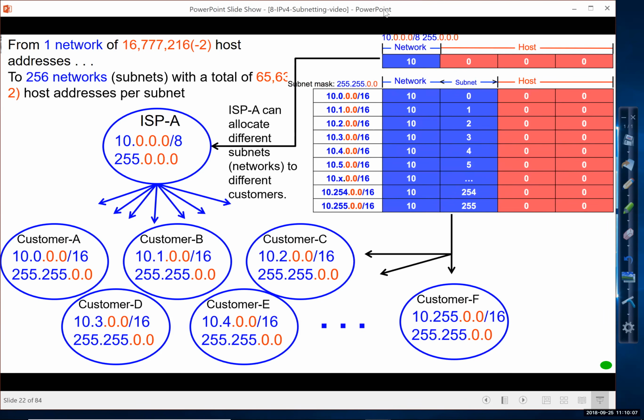So ISPA has segmented its 10.0.0.0/8 network address into 256 subnets, each with 65,536 hosts per subnet. And now it can allocate those subnets to different customers.